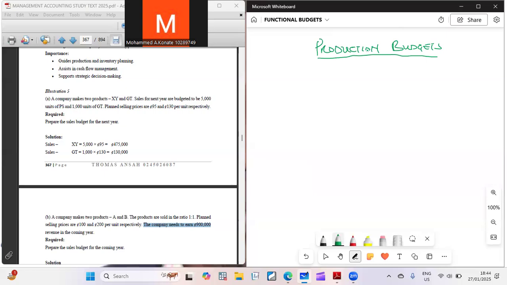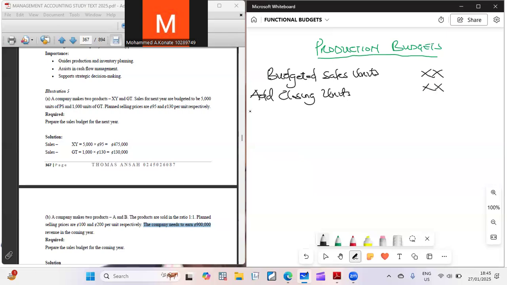Okay. So now, when you want to do your production budget, this is what you will need. You will need the sales budget, so the budgeted sales unit. Then you will add your closing inventory, so the desired budgeted closing unit.